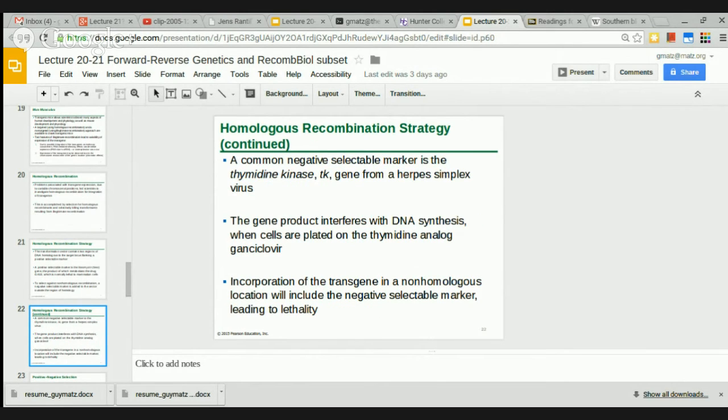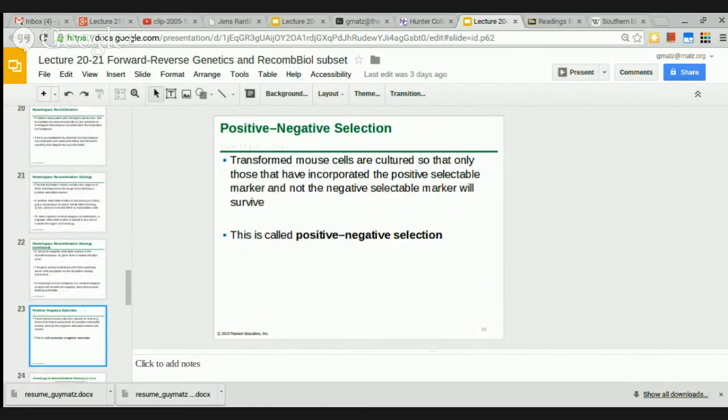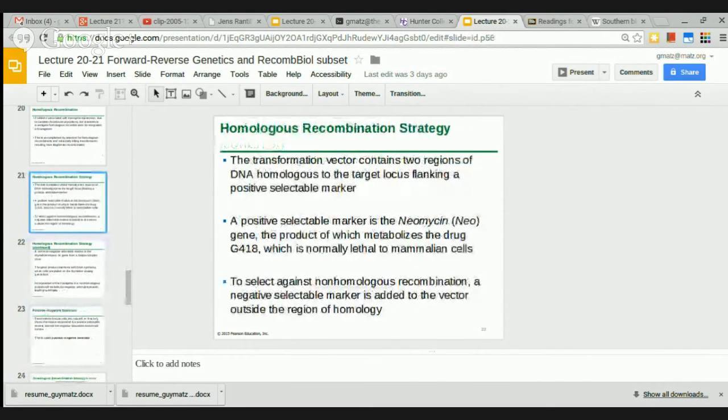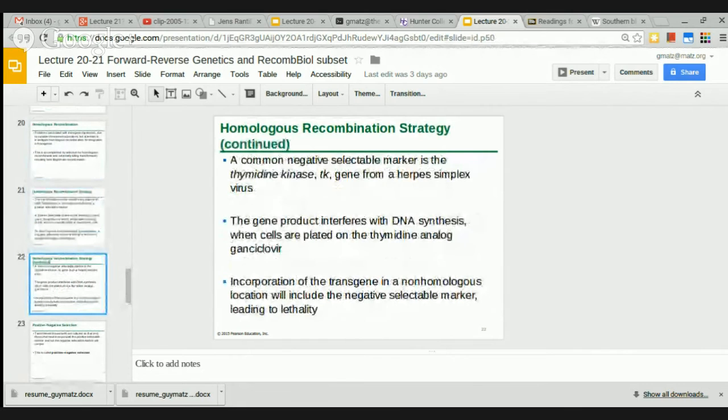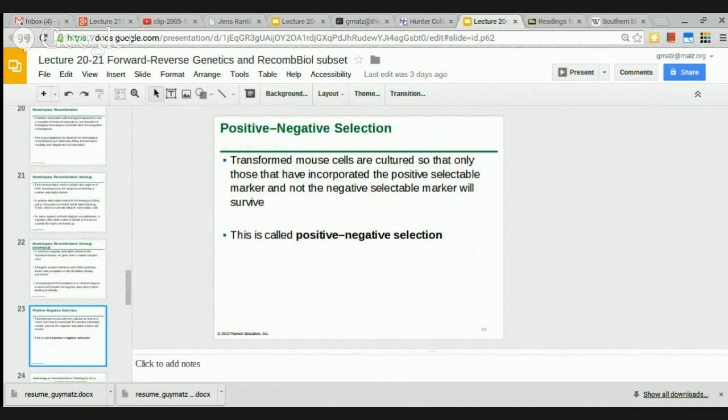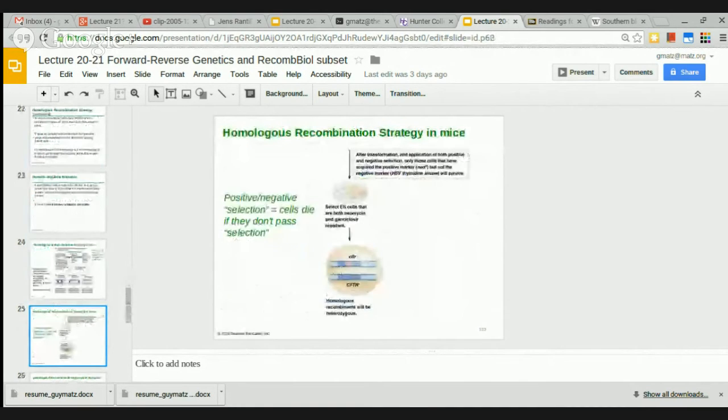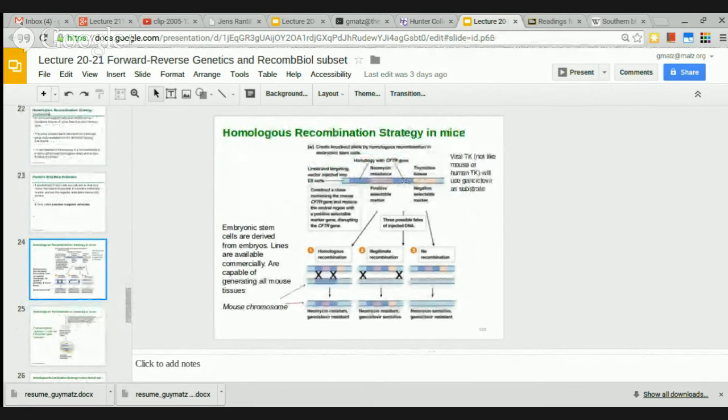And it's really very simple. You make your transgene, and here we've got an example where we have the CFTR gene, and we're going to do a knockout. So we're going to put a selectable marker, neomycin resistance, in the middle of that gene.